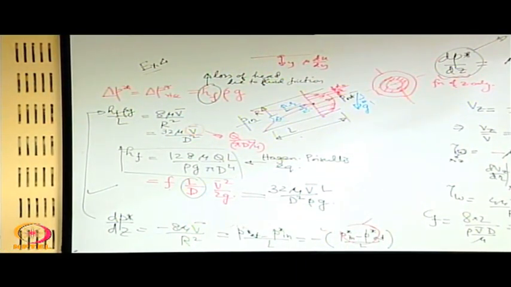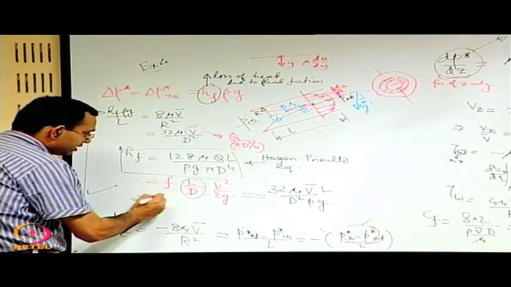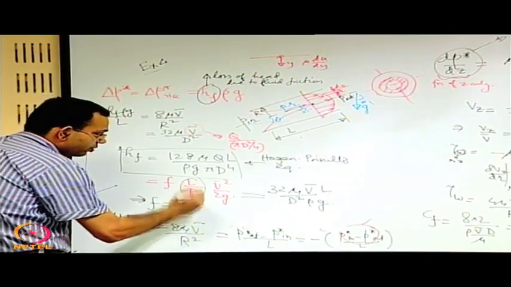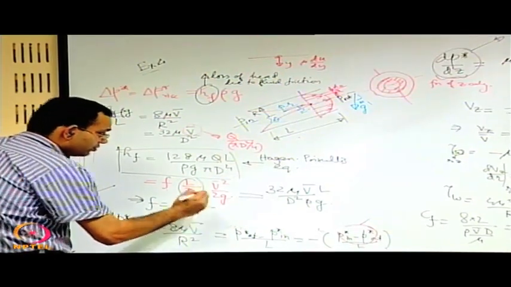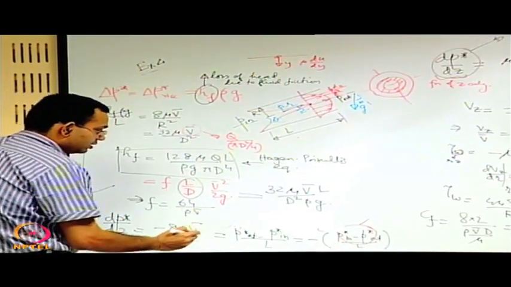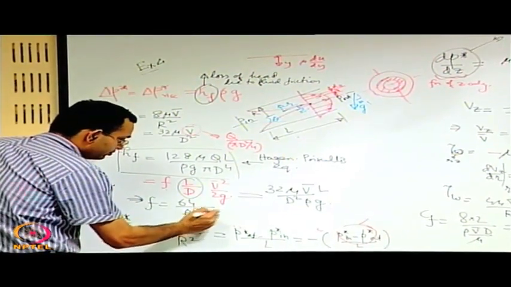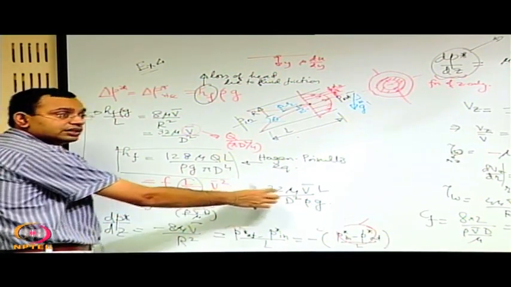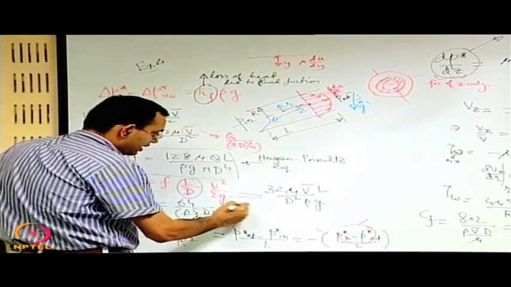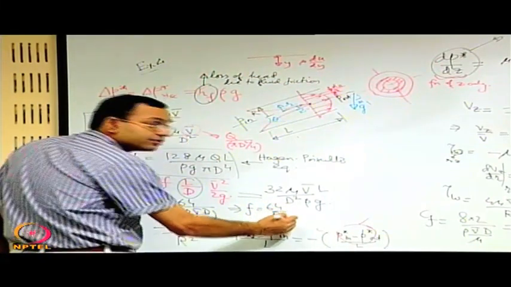So from here, what can we conclude? What is f? f is 64 divided by rho V bar d by mu, by equating these two. So that means this f becomes 64 by the Reynolds number.